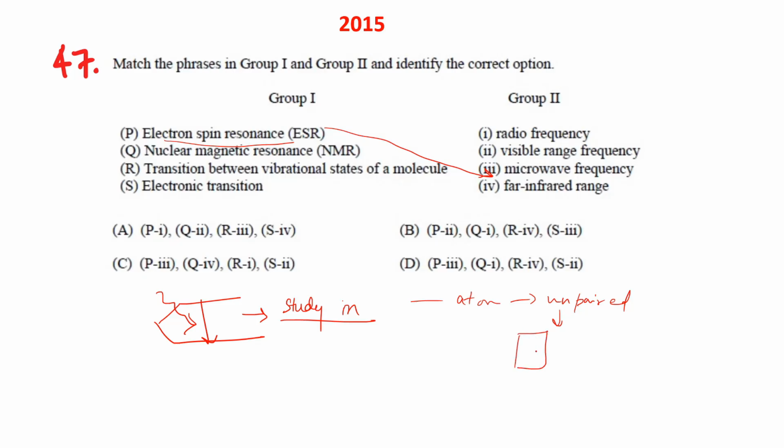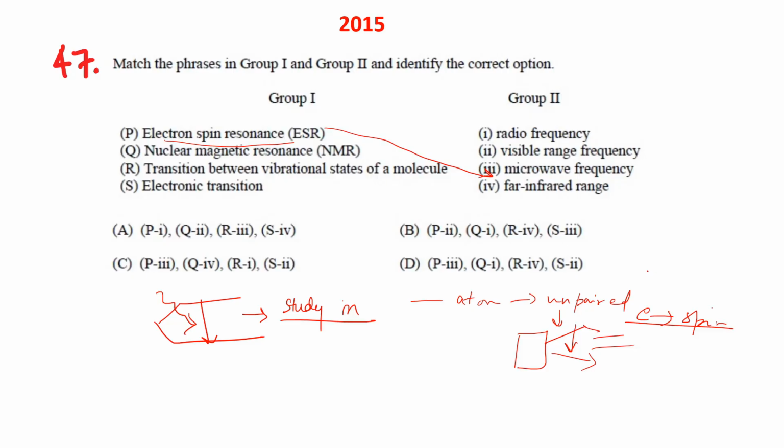This magnetic field will split the electronic energy levels, and when radiated with microwave frequency, they will absorb the radiation equal to the difference in the split energy levels. So for ESR, we use microwave frequency, and since the electron is associated with a spin, it is called electron spin resonance.